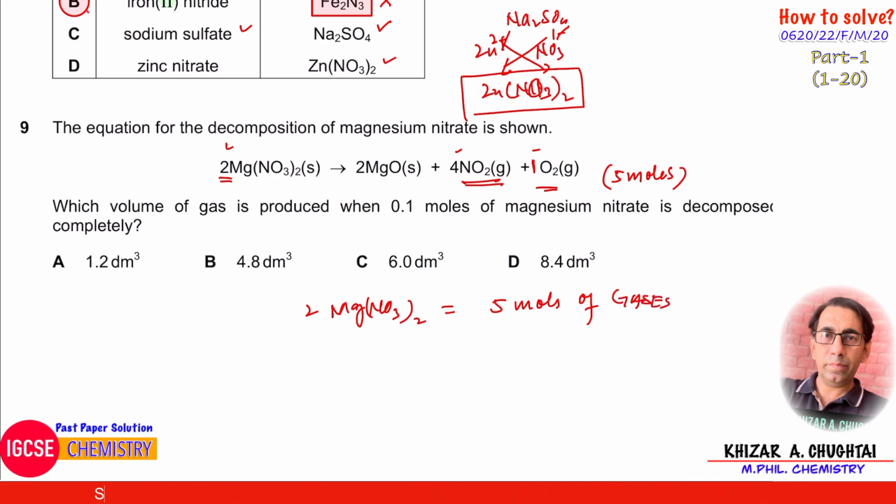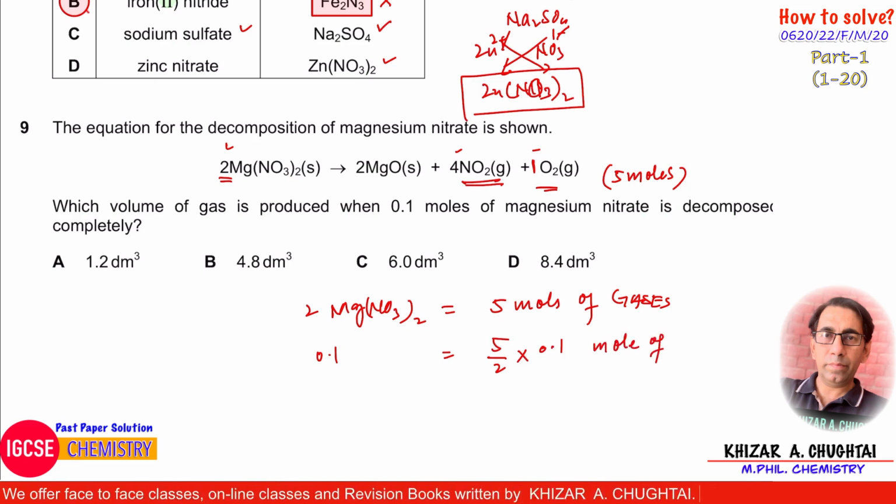And here we are going to decompose 0.1 mole. So 5 by 2 into 0.1 will be the moles of the gases that will be born. And to change moles into dm cube, we will have to multiply with 24.